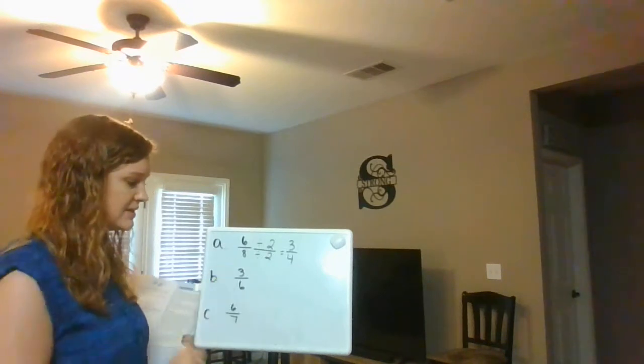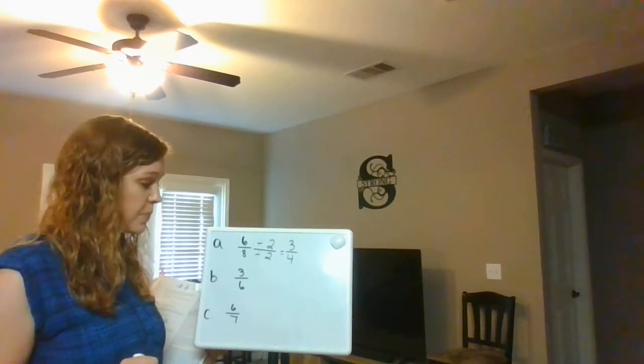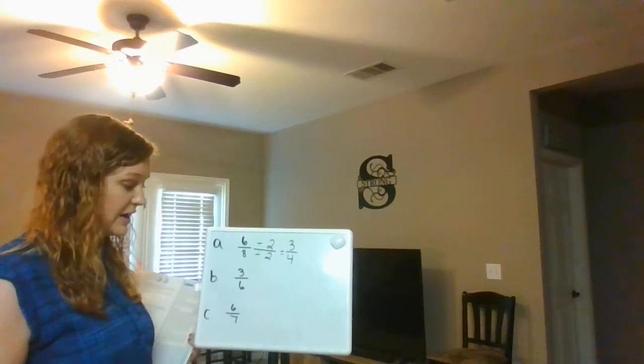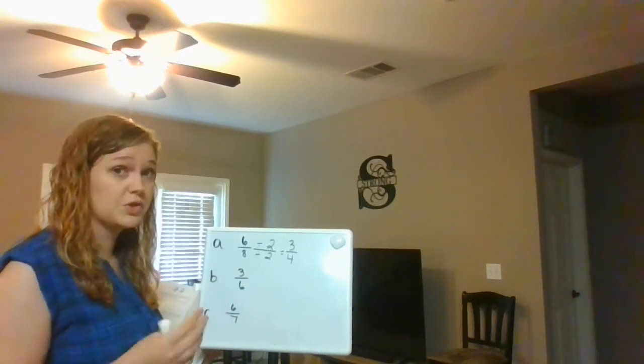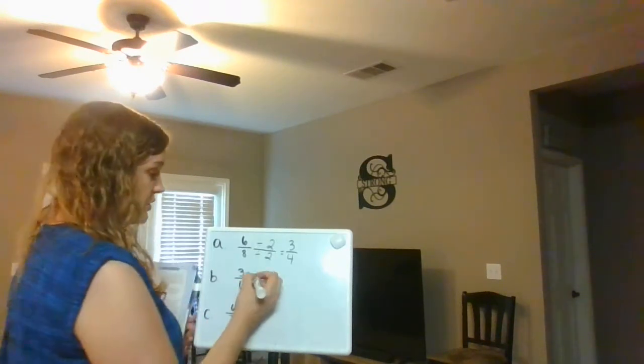All right, with 3/6. Well, 3 only has 2 factors, 1 and 3. 6 has multiple factors, but 3 is one of them. So 3 is the only one we can choose from. So we're going to divide 3/6 by 3/3.